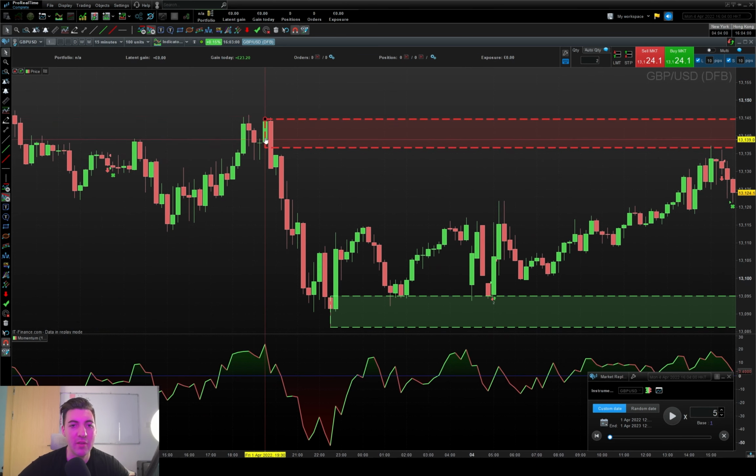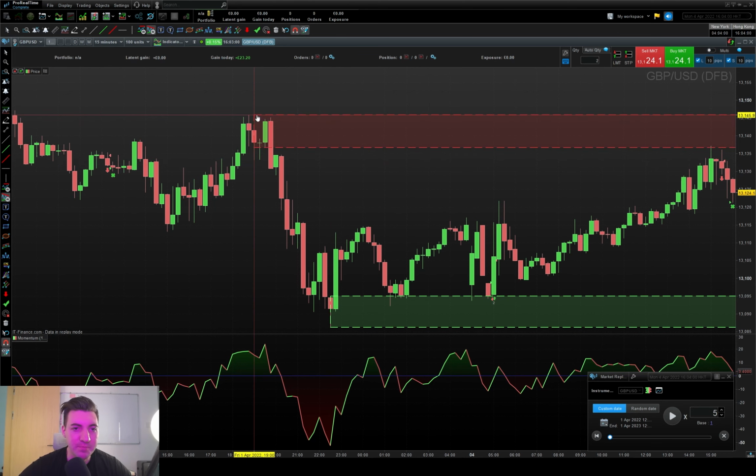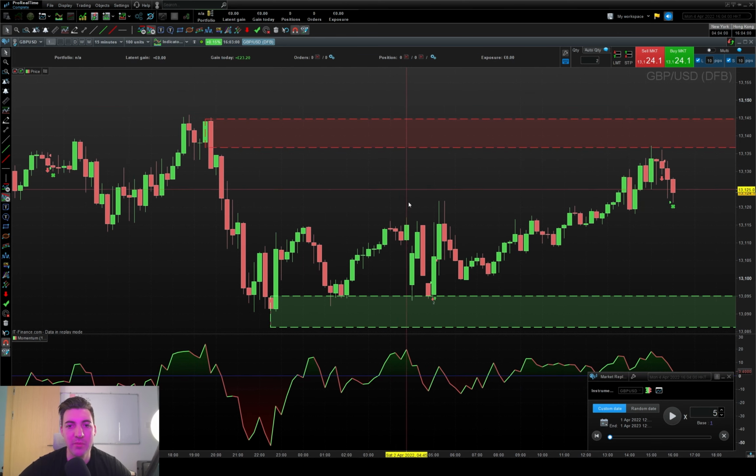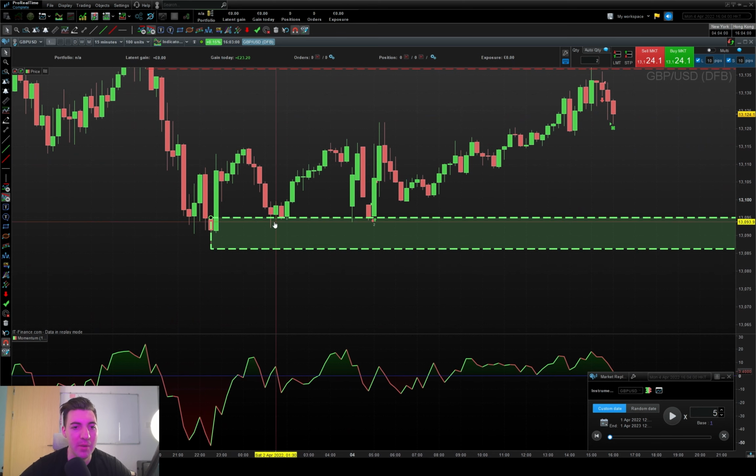So over here, I found this one to be the supply zone because you see this green candle here, and then huge market movement into the downside, and it just continued to go down.